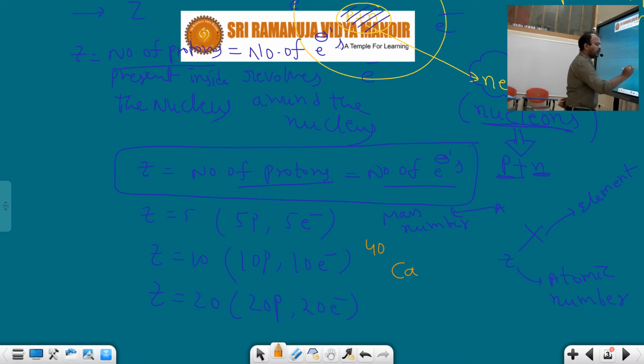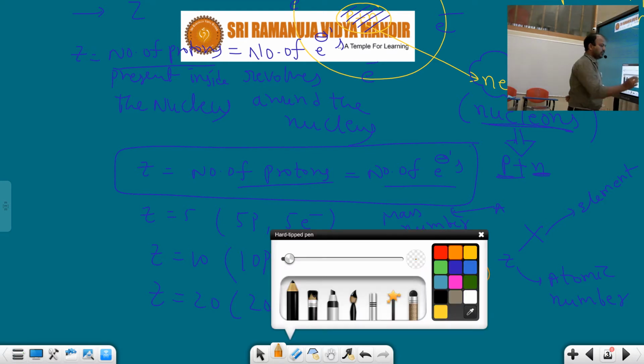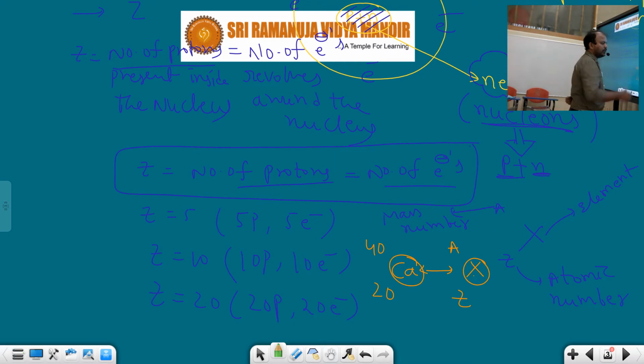Suppose we take calcium, 40, 20. It looks like which formula? X, A, Z. X means the element, calcium. A is the mass number, 40.